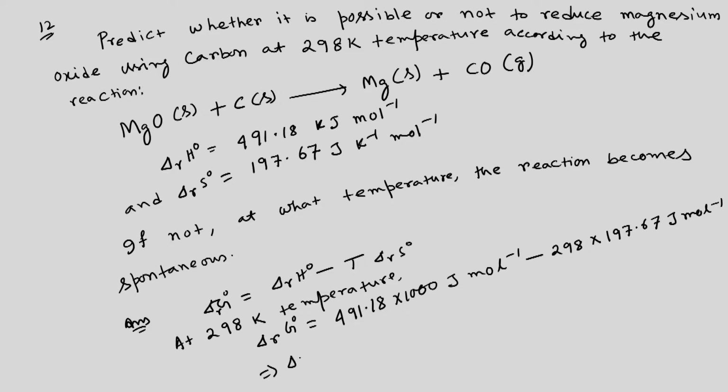So, you get delta G naught is 432.28 kilojoule.